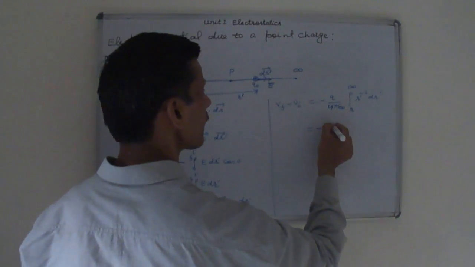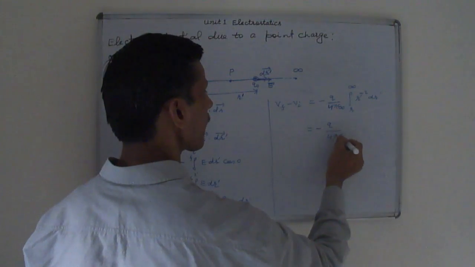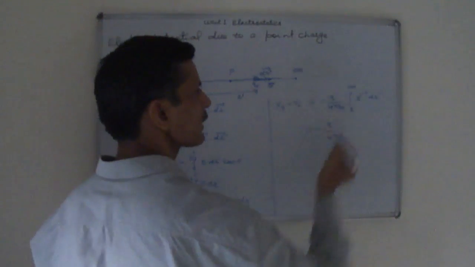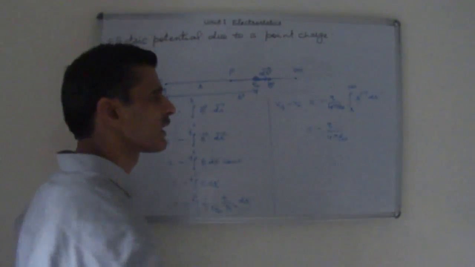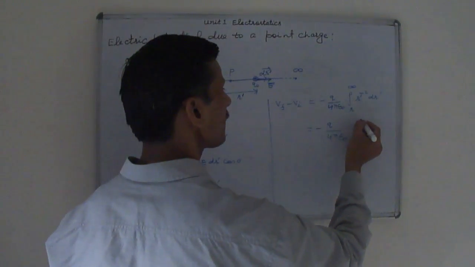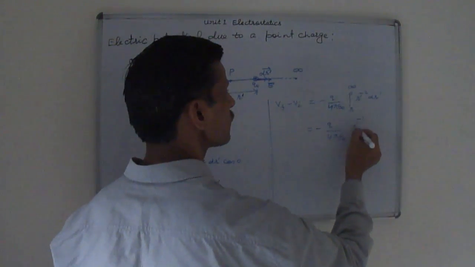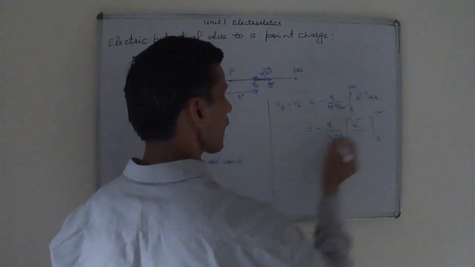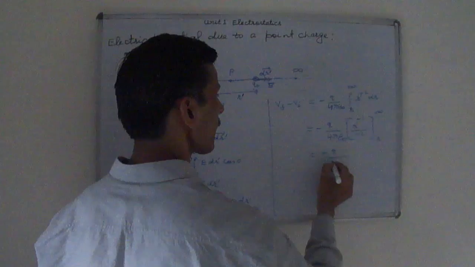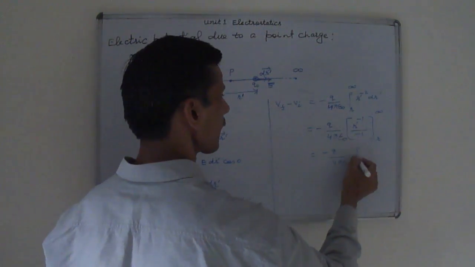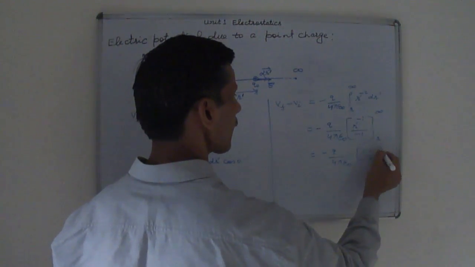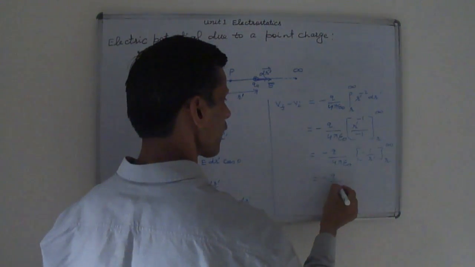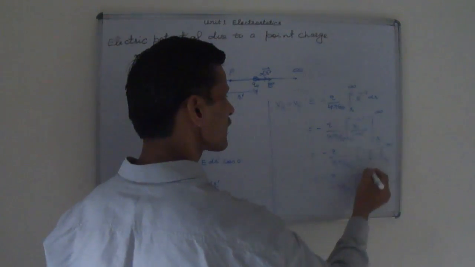And you know integration x to the power n dx is x to the power n plus 1 divided by n plus 1. So here it is r prime to the power minus 2 plus 1, so minus 1, divided by minus 1. You can put the limits here.